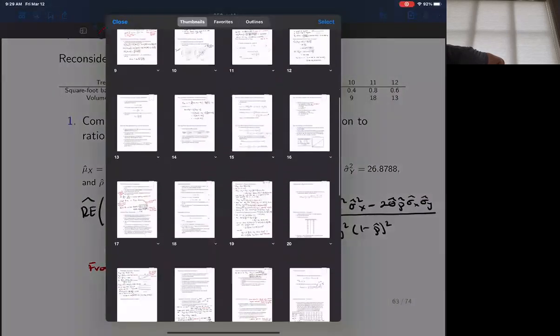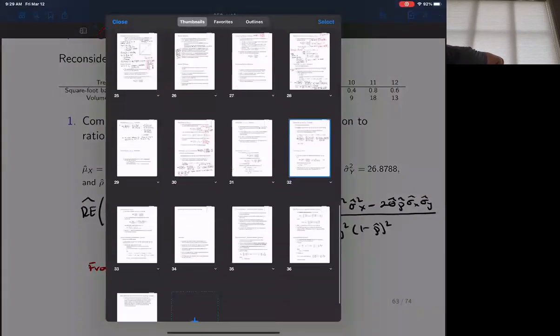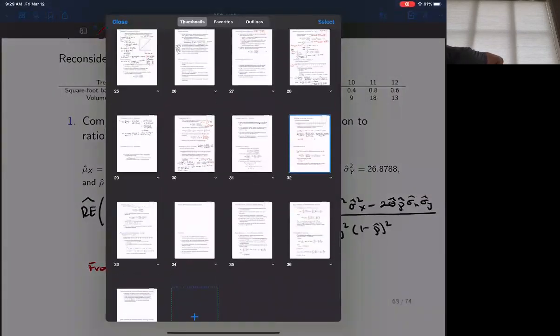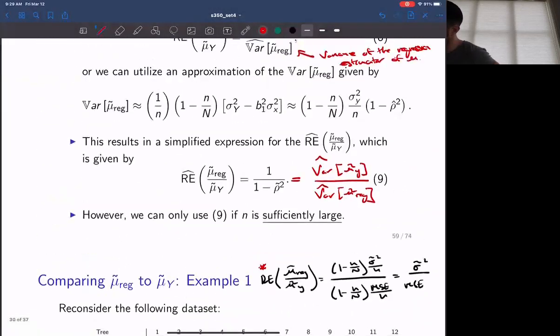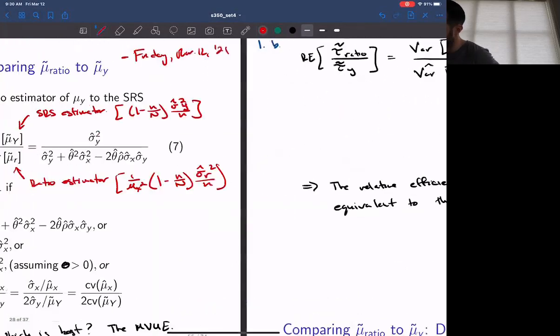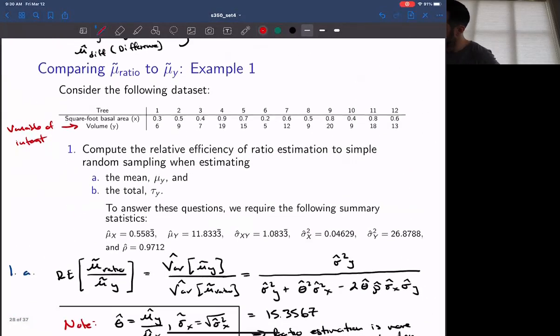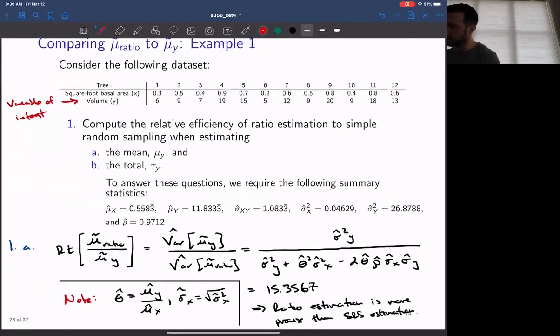Just going to make sure I get the numbers right. 56. Okay.